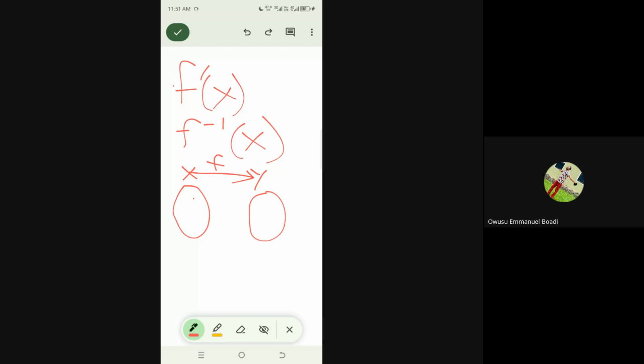So we have a and b, c and d. What we are trying to say is x is the domain, and y is the range.